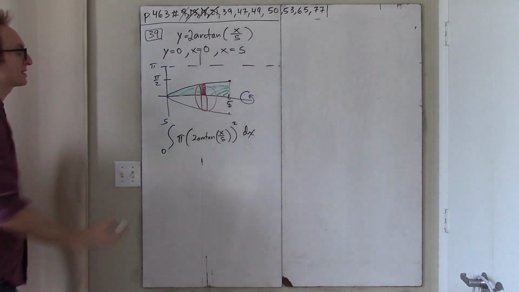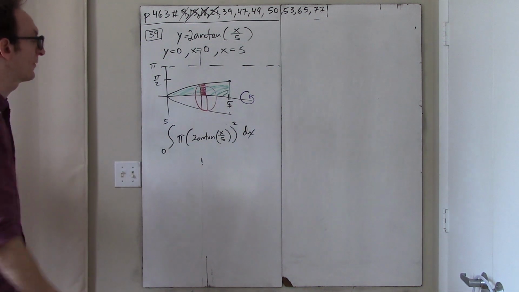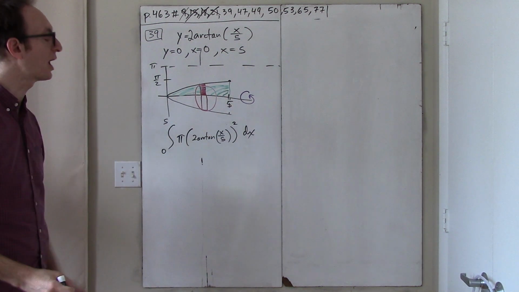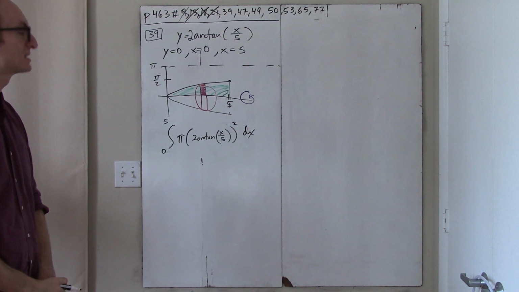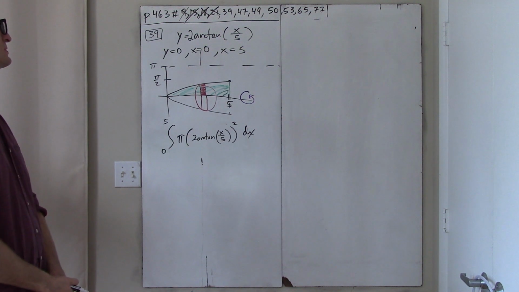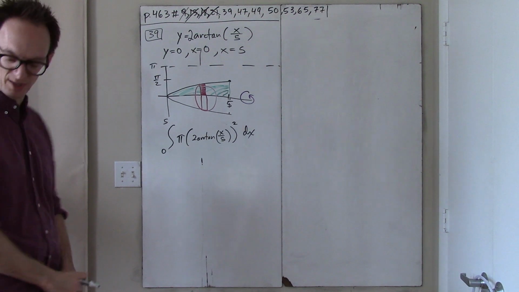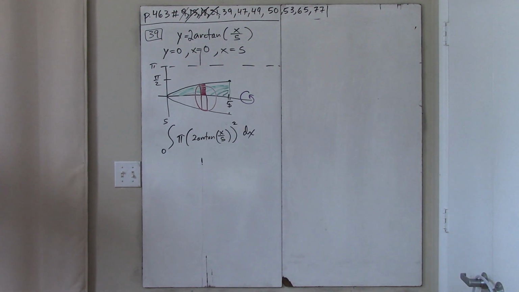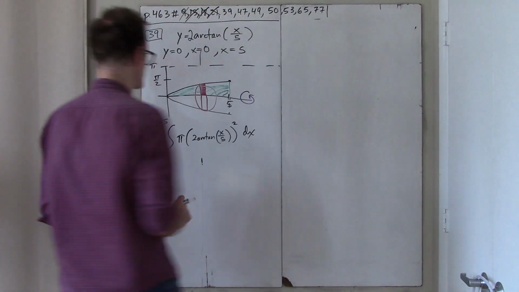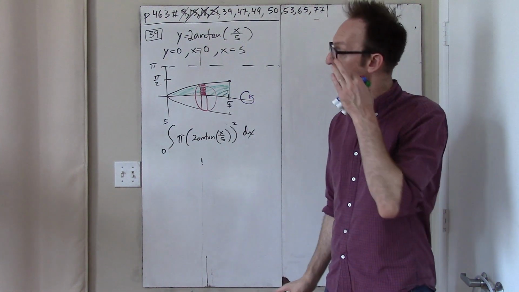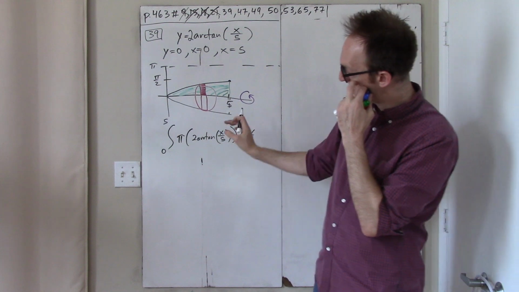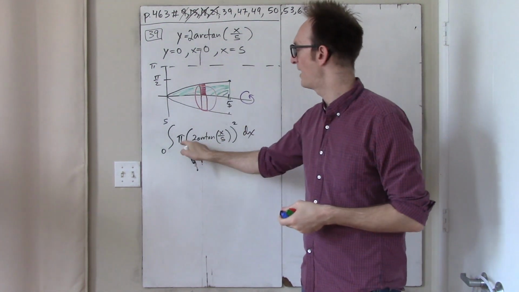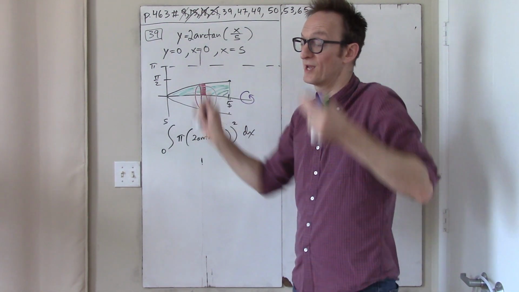Okay, and that's all well and good, but we don't know how to antidifferentiate arctan squared. We don't even know how to antidifferentiate arctan. And so the thing you do is you just type this all into your calculator. This is meant to be an exercise in realizing that you can draw the picture, set everything up, do all the thinking, and then you can just type the integral into your calculator.